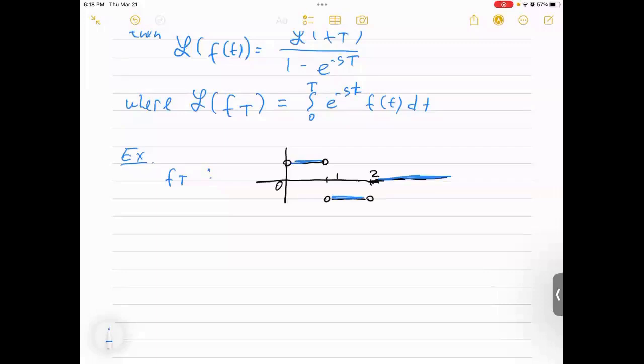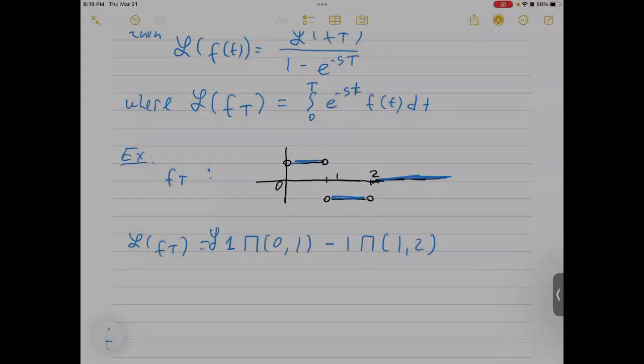To calculate the Laplace transform, carefully look at what is written there: it's 1 times the window between 0 and 1 minus 1 times the window between 1 and 2.